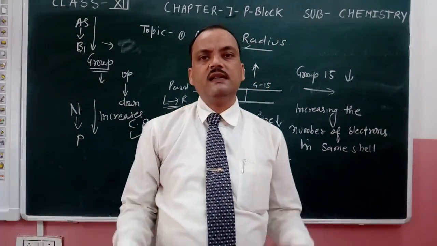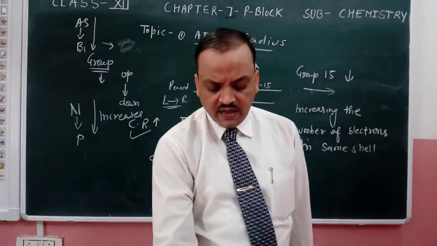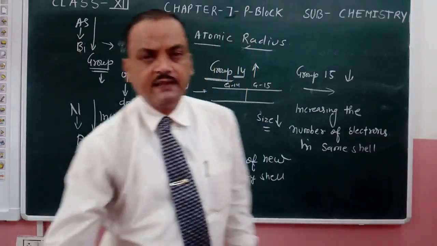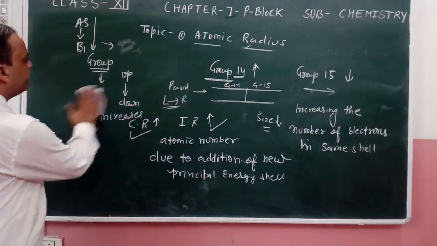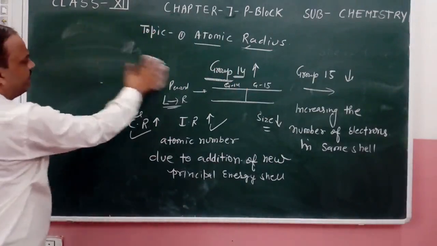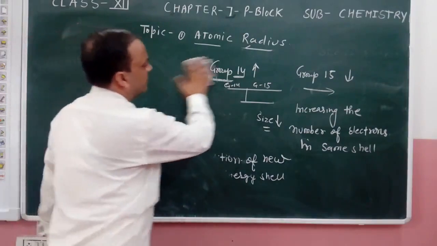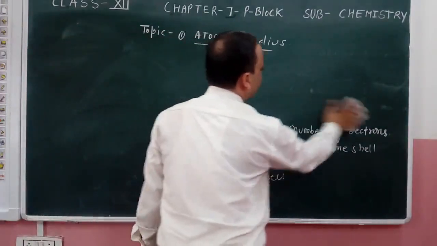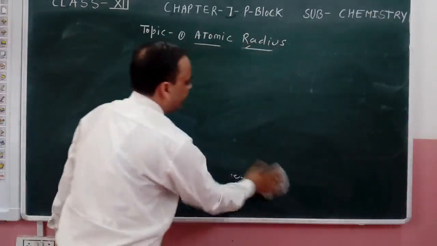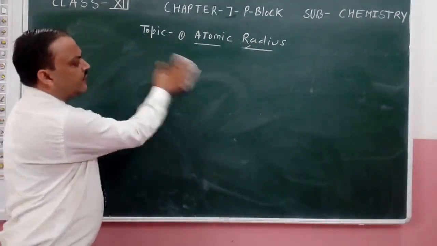So what is the meaning of shielding effect? We discussed this. Shielding effect means the protection of the outer electrons from the attraction force of the nucleus.